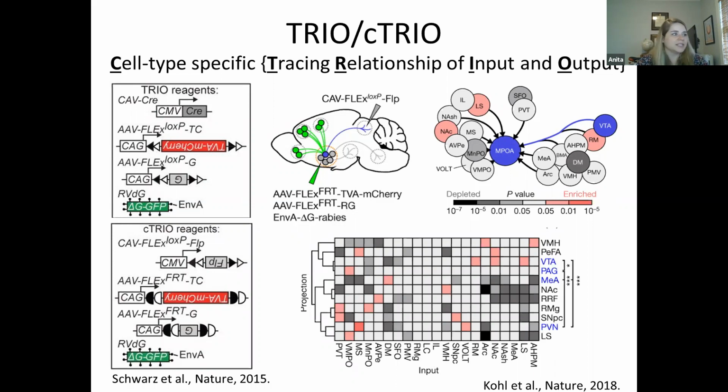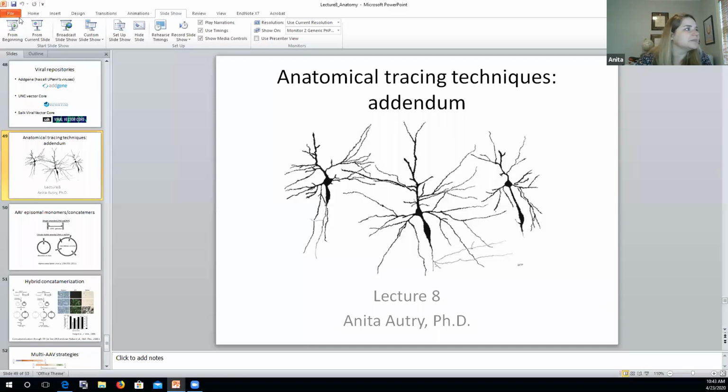So it's a lot of work for not a ton of information, but potentially it could be useful if you really want to manipulate the inputs and have some specific output that you're looking at in terms of the downstream signaling. Does anybody have questions about that? I think that's all I have from last time.